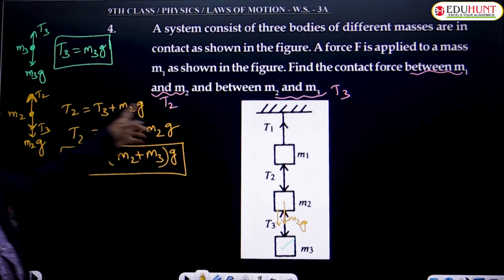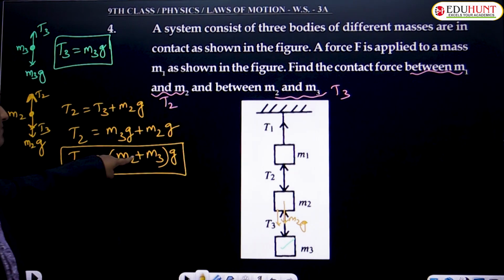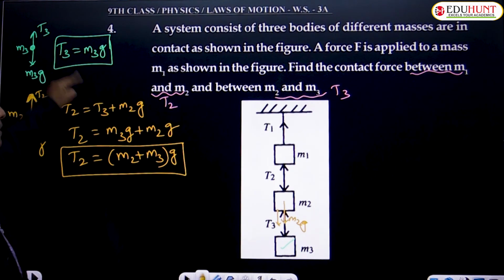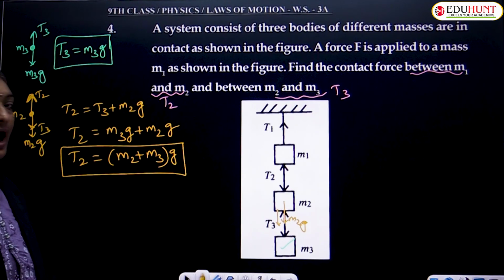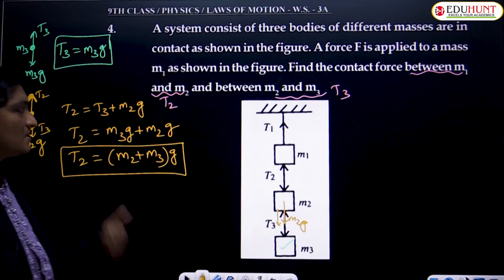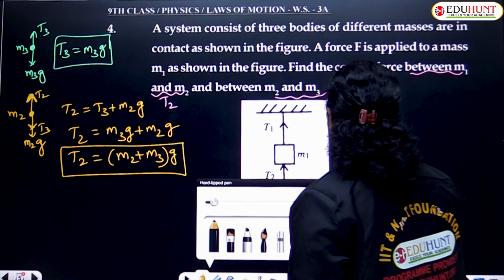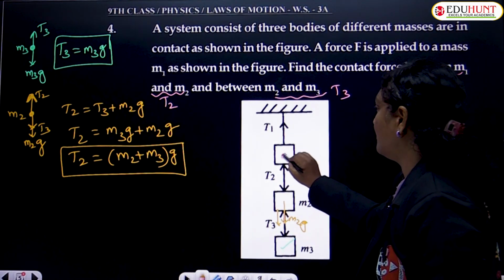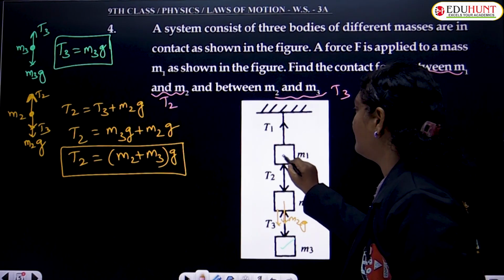So these are the things you are asked to find out, T2 as well as T3. T2 is found to be (m2 plus m3) g, whereas T3 you found as m3g. Children, even though they haven't asked us, let us also try to find out the value of T1, for your understanding.